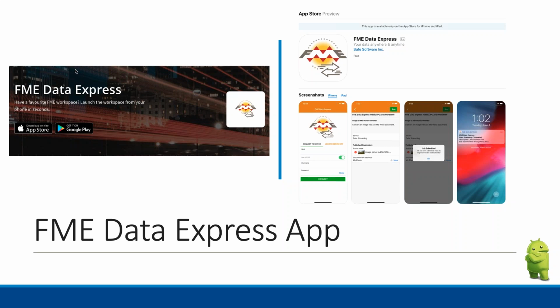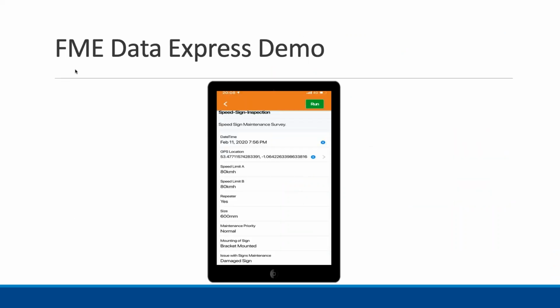So basically, these rely on you being able to see your FME Server instance when you're mobile. Or use FME Cloud. That frees that up because the cloud's available globally, so it's very easy to access, and it works very well with the mobile clients. But we've got a lot of customers who have a reverse proxy in place, which exposes their FME Server externally, or have a VPN connection.